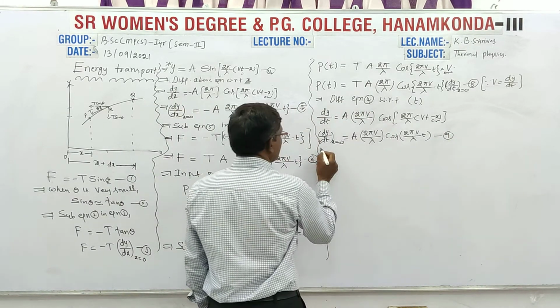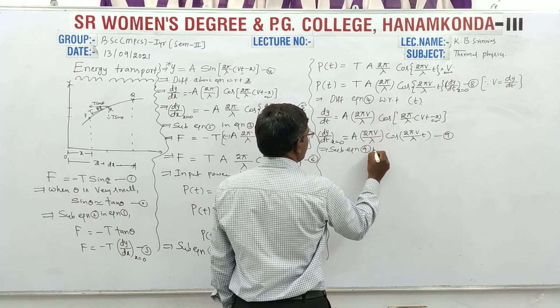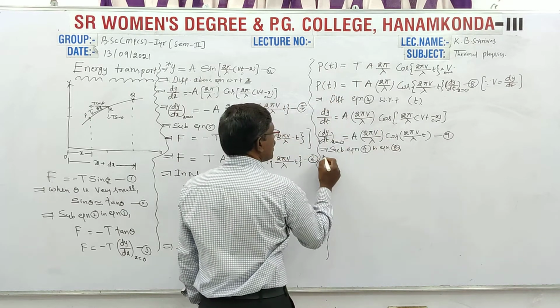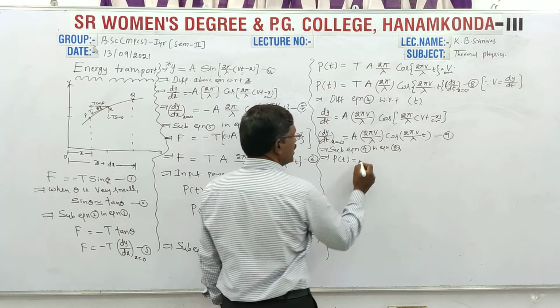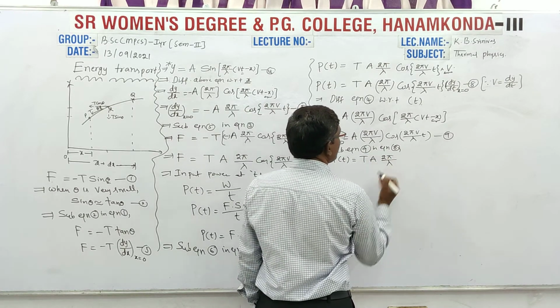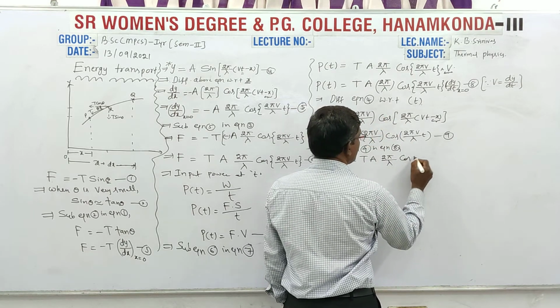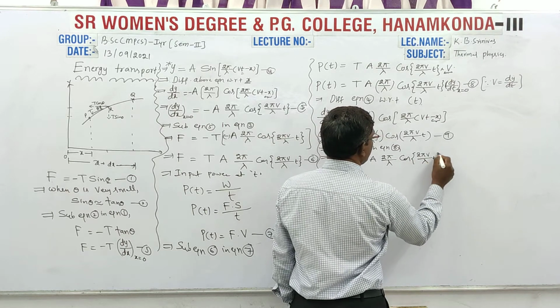So substitute equation 9 in equation 8 so that you can calculate input power, that is P of t is equal to T a 2 pi by lambda cos of 2 pi v by lambda into t.